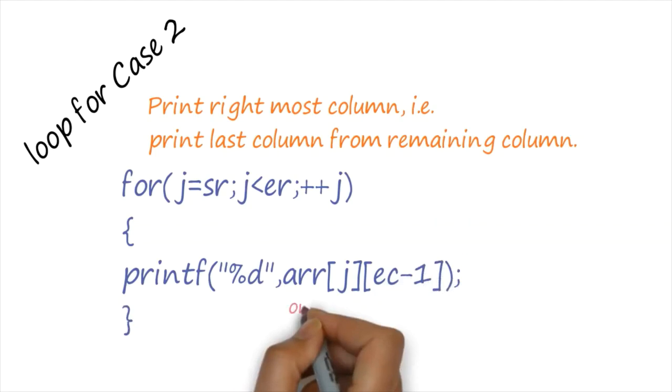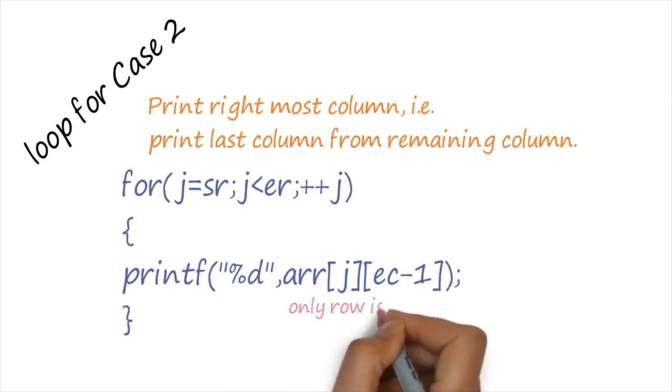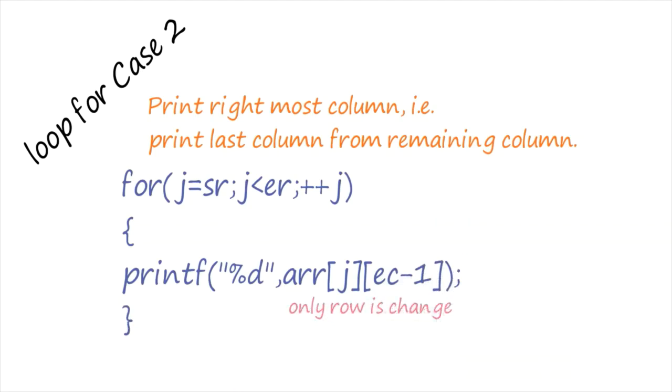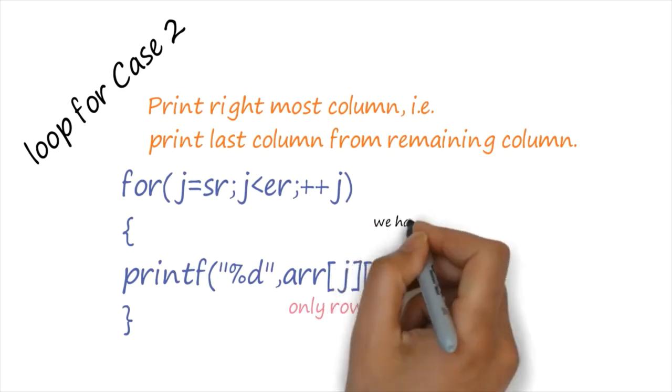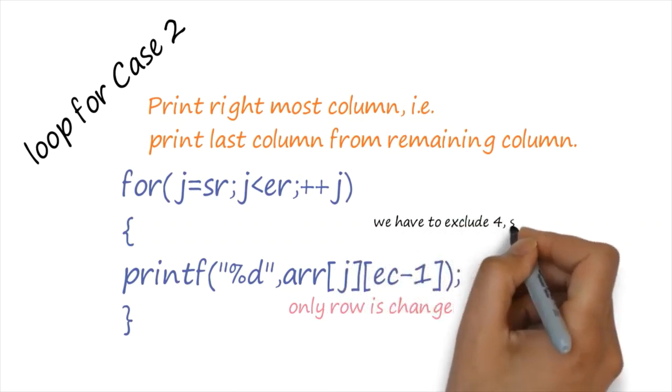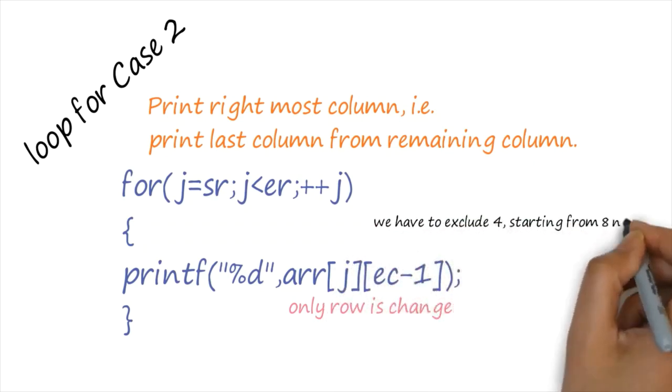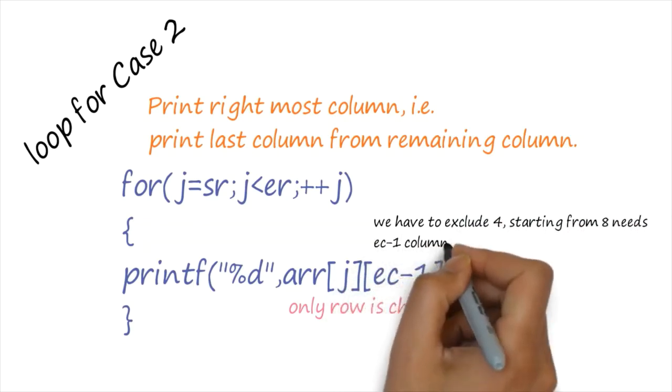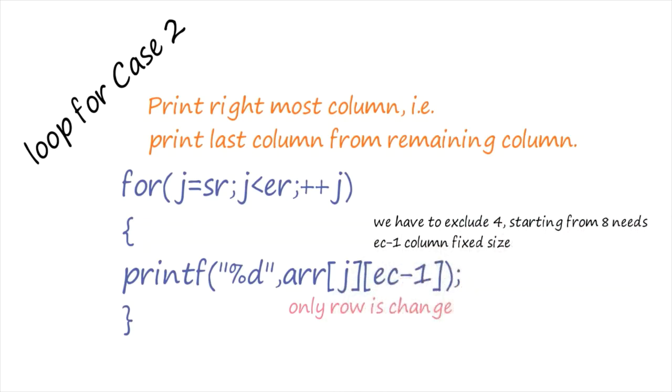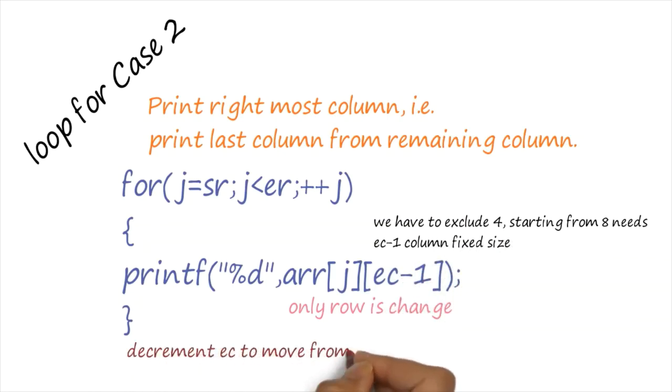So for that reason, in place of the row I have written j. For case number 1, we have already printed element number 4 of row 1, so we will exclude that element. After completion of this for loop, we have to proceed to the next column, meaning the internal column. So that's why it should be EC--.